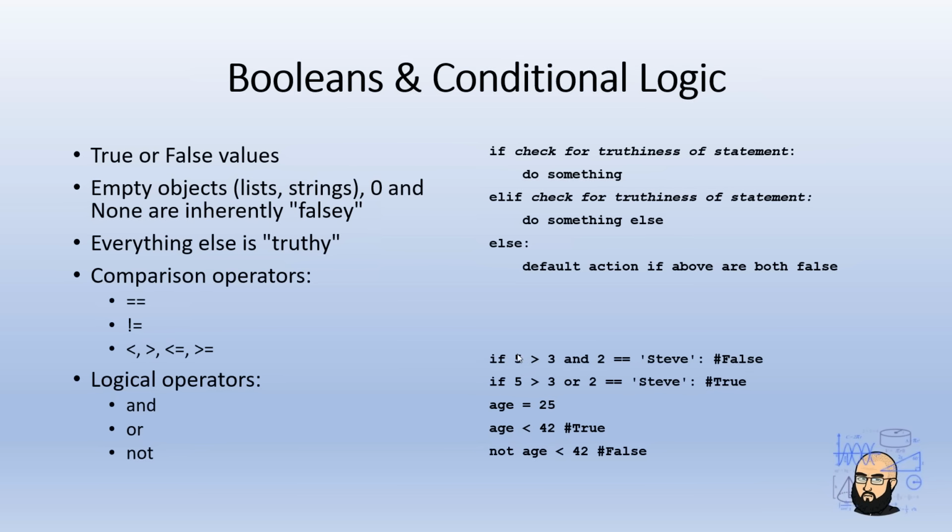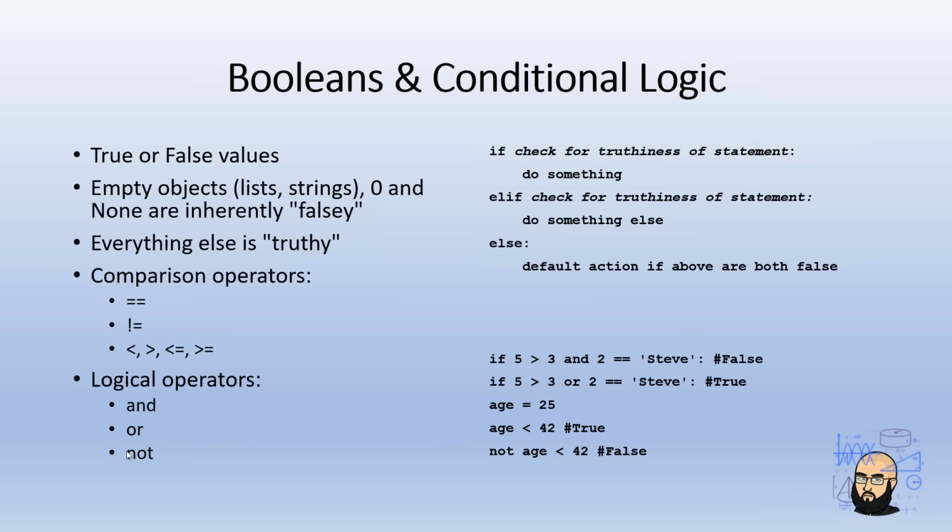This is false because both of these statements are not true. You can use the or statement, which means that either one of the statements has to be true. So if one is true and one is false, it's true. But if both are false, then it resolves to false. So it's either or.